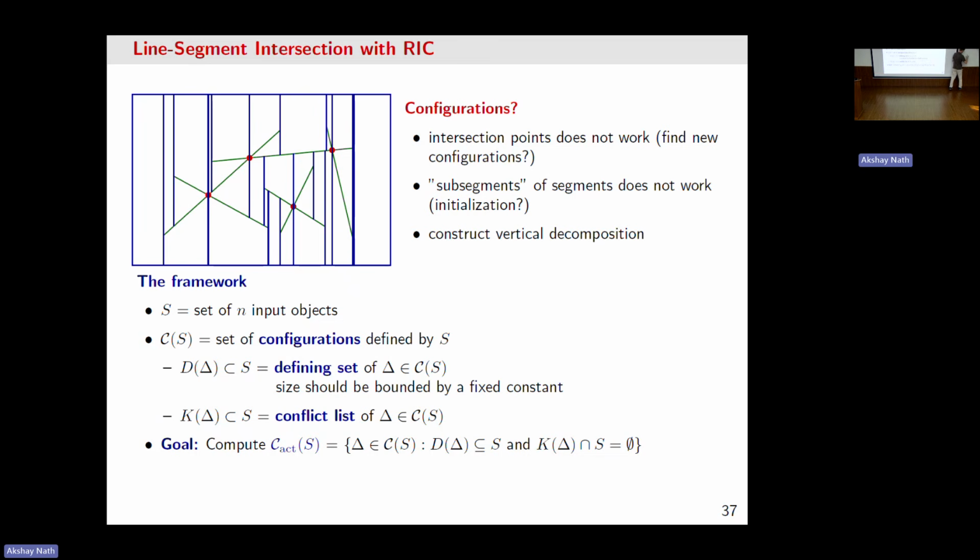A collection of disjoint segments, and I want to compute the vertical decomposition. What is the expected number of trapezoids that appear in every step?